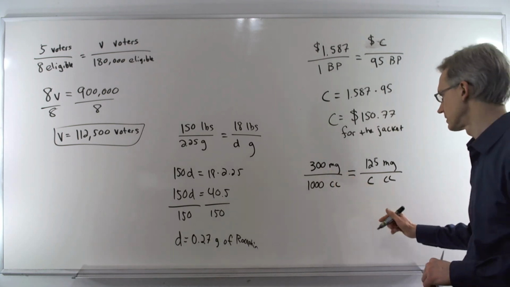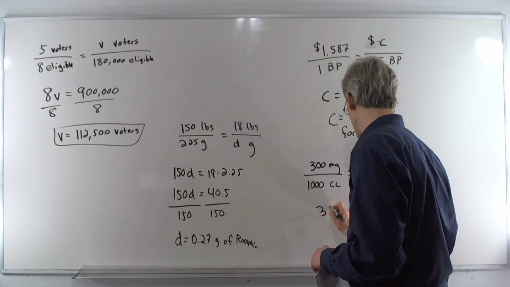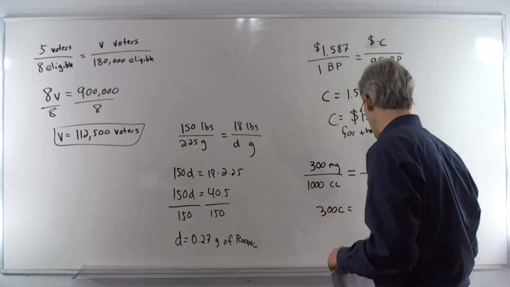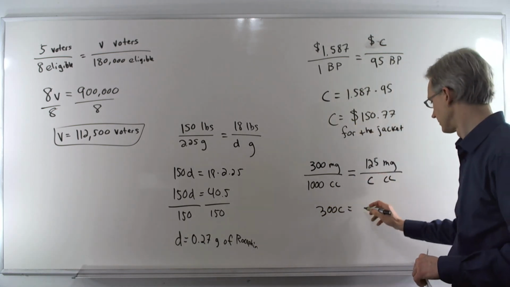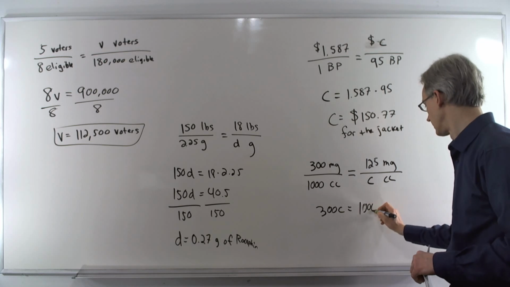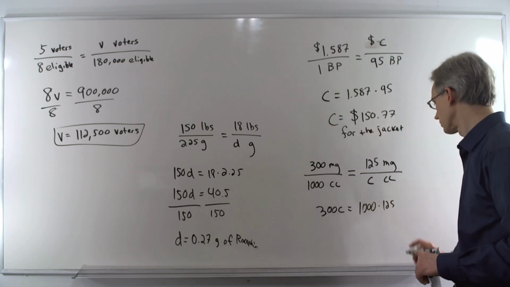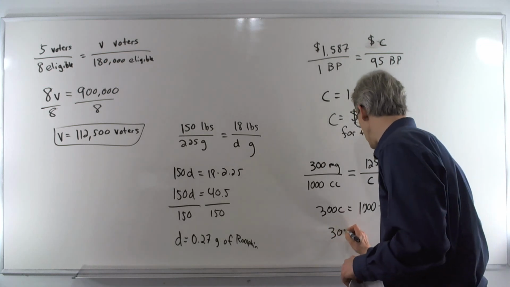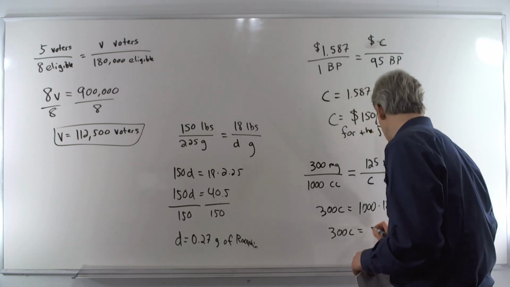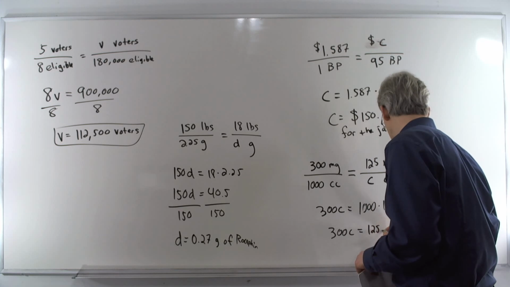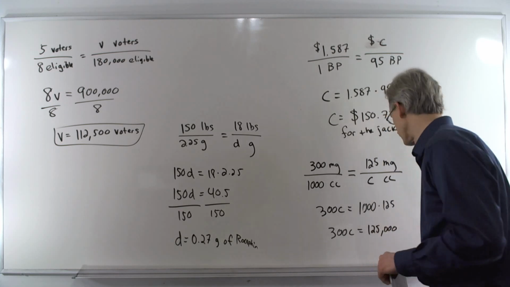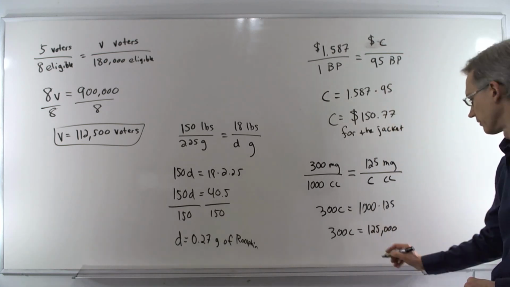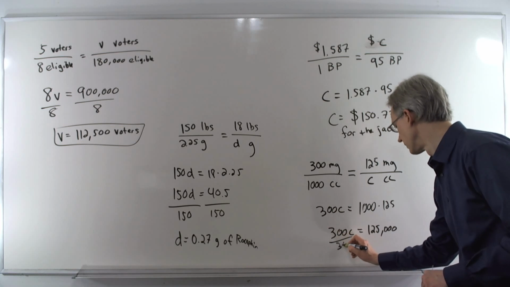So 300 times C equals 1,000 times 125. So that gives us 300C equals 125,000. And we'll divide both sides by 300.